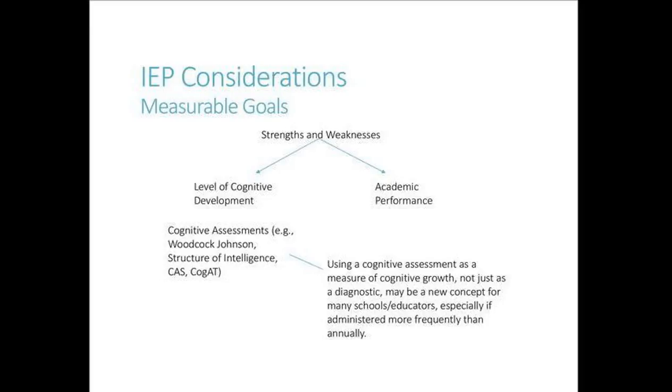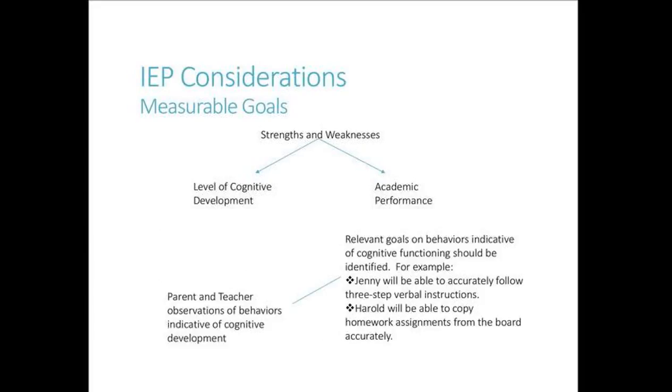And of course, then we're going to do the same thing with parent and teacher observations. So some of those things that have been identified as things the student couldn't do or couldn't do as well as we would all like, maybe we're going to say, well, our student's going to accurately follow a 3-step verbal instruction, or maybe only a 2-step verbal instruction, but something beyond obviously their current level of performance. Maybe we want to say Harold will be able to copy homework assignments from the board accurately.